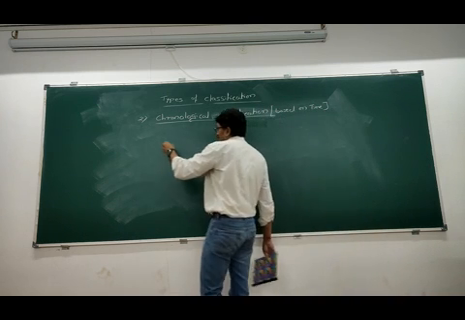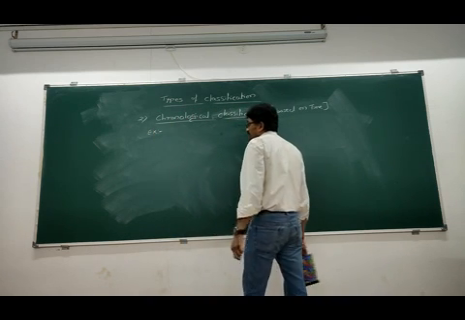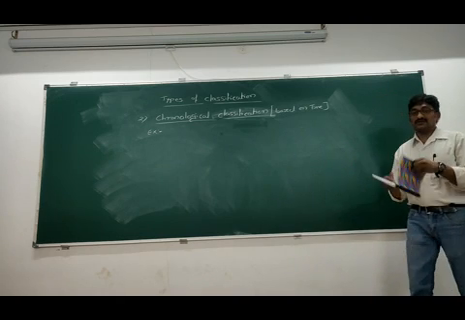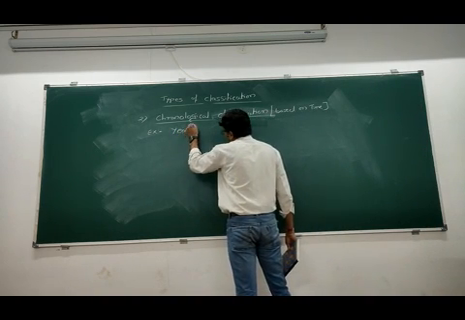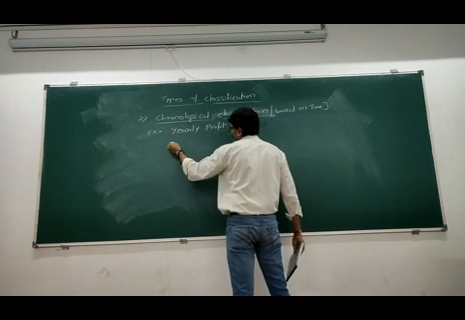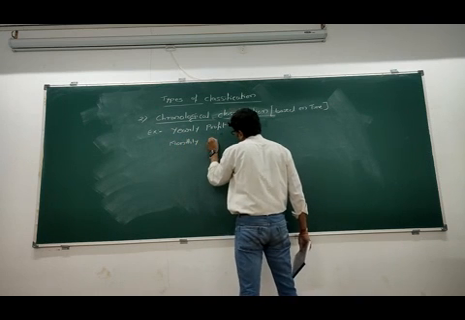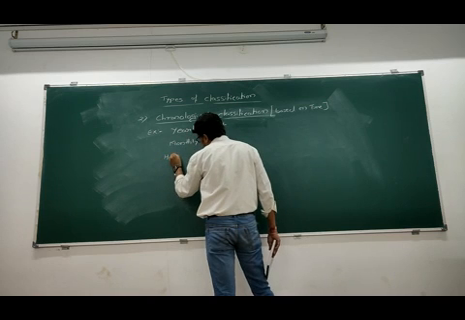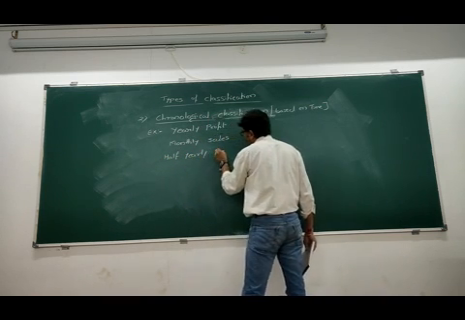Okay. For example, which type of example will I give here? I'll write yearly profit, or I'll write monthly sales, or one more example you can take, half yearly production.